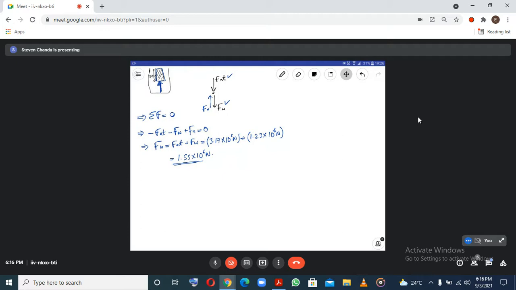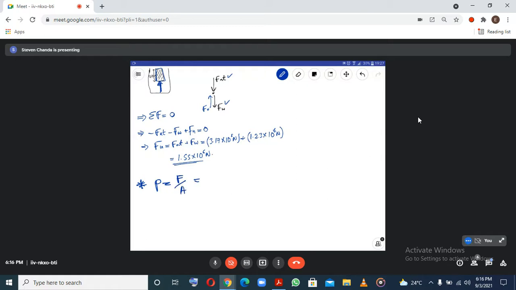Now our question is not done, and that's why it's very important to always check your question and not just leave it here. The question is asking for the pressure at a depth of 40. So we know that the depth of 40 is here, right? So we're looking at the pressure at that point. So this force that we found, we want to find the pressure for it. We know pressure is force over area.